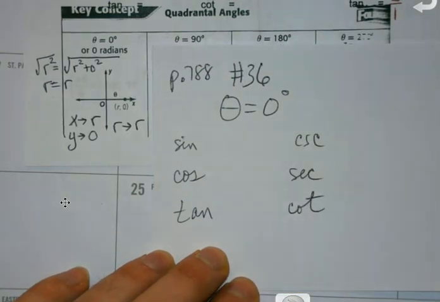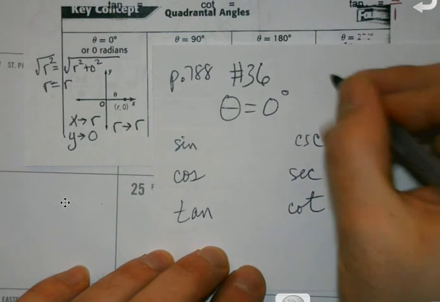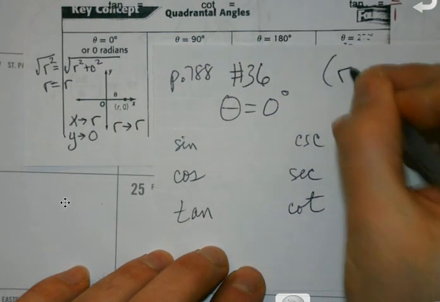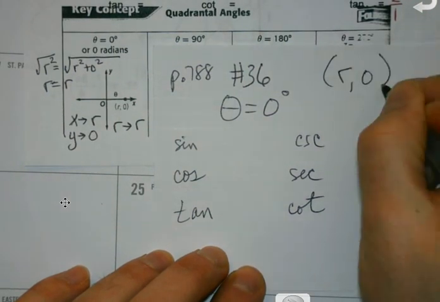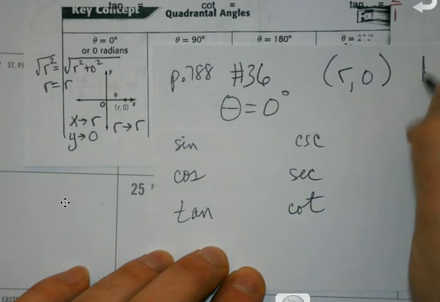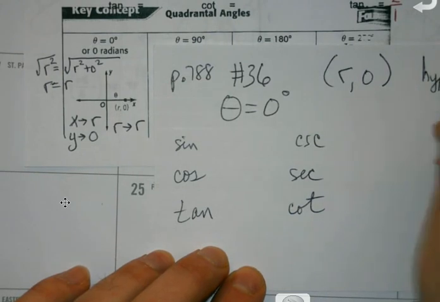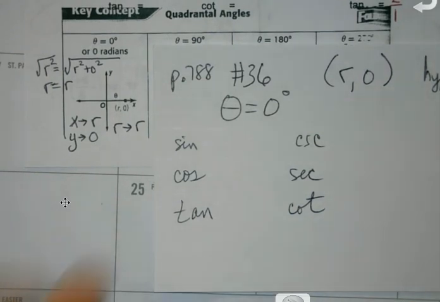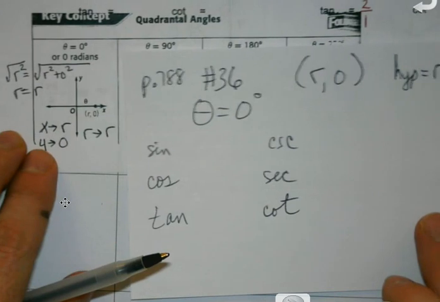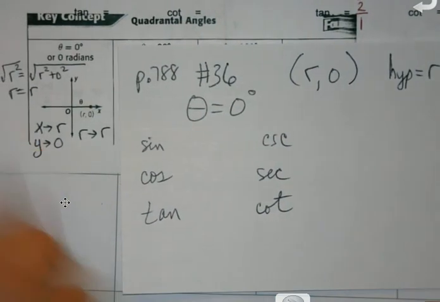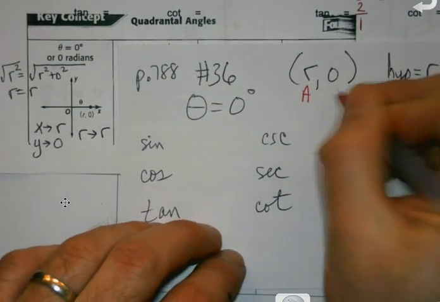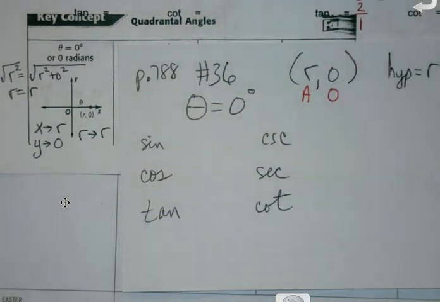So I've got r, 0, and then my hypotenuse is r. Now, if we go with what we just talked about, this is my adjacent, this is my opposite.